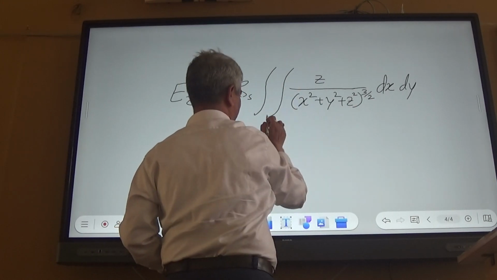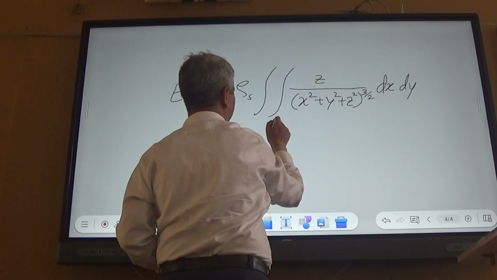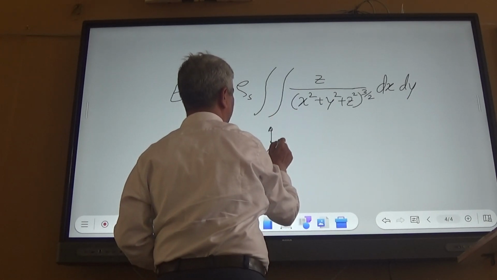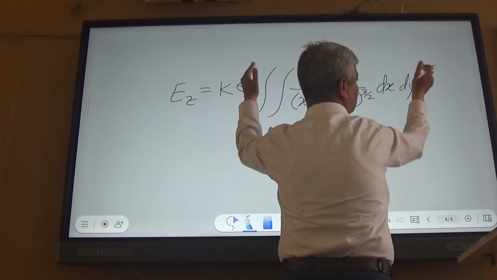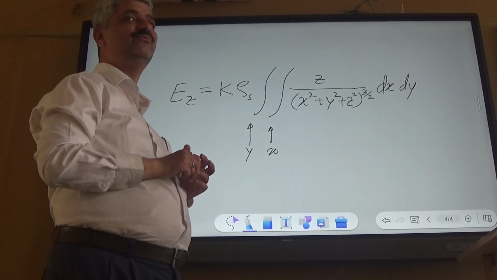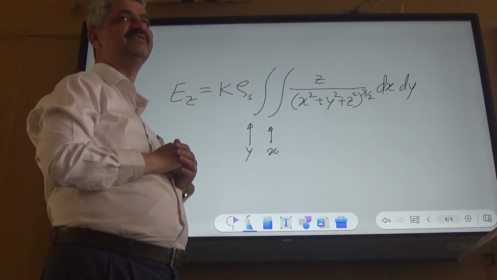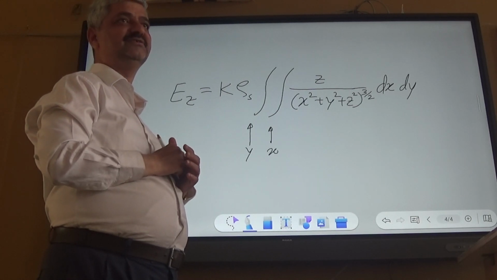These are the limits for x, and these are the limits for y. So how would you put those limits?